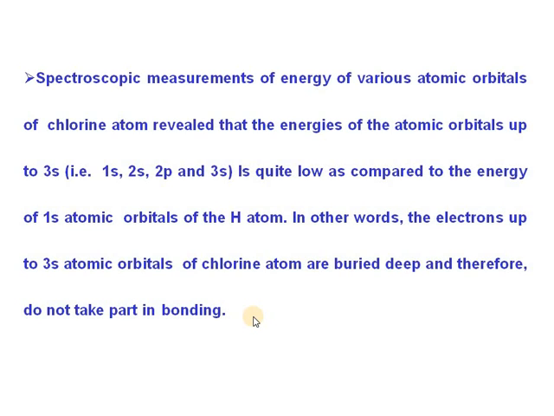By spectroscopic measurement of the energies of the various atomic orbitals of the chlorine atom, it is observed that the energy of the atomic orbitals up to 3s, like 1s, 2s, 2p and 3s, is quite low compared to the energy of the 1s atomic orbital of the hydrogen atom.